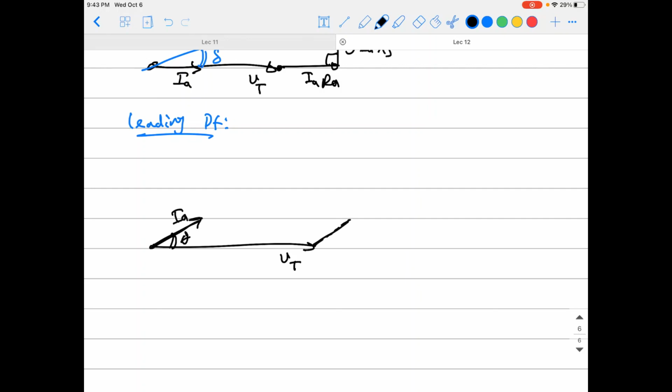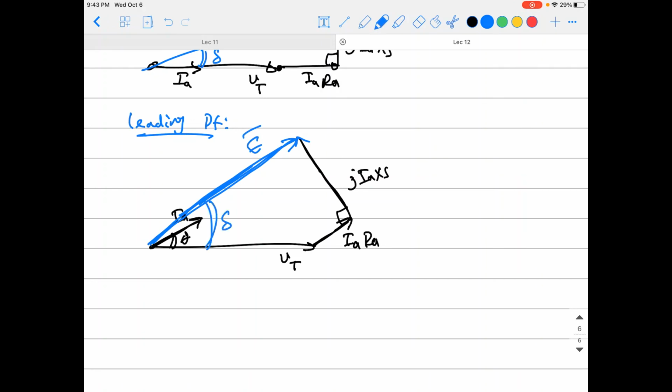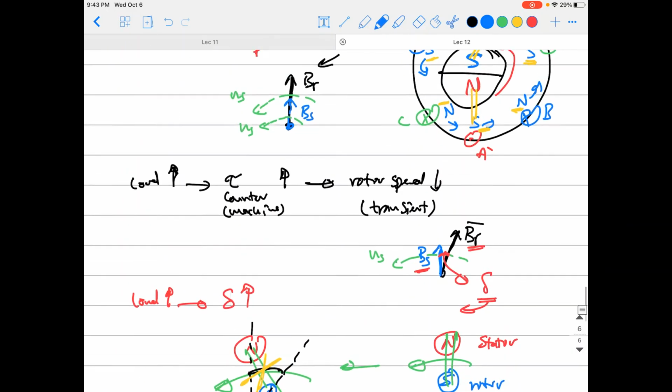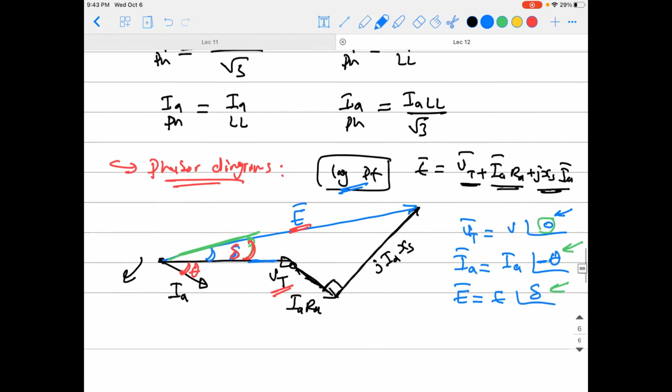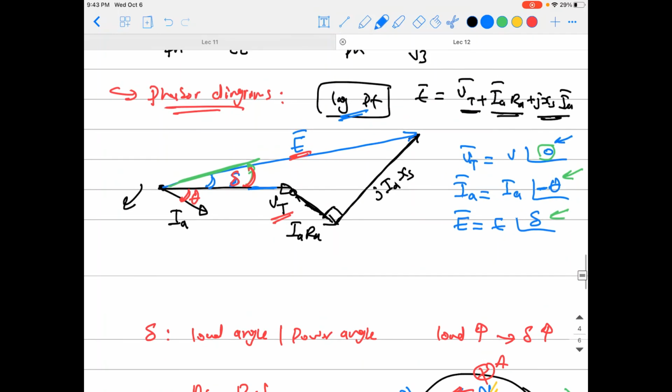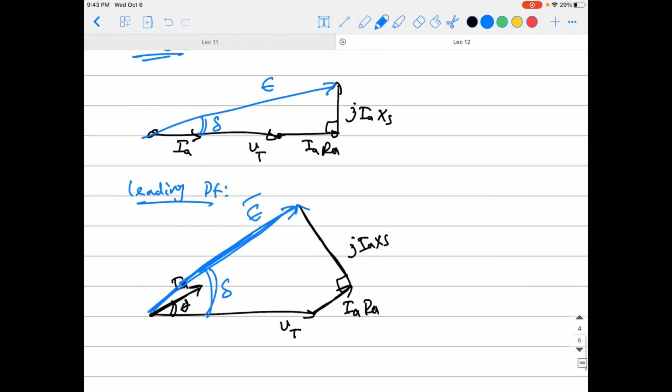So IA RA will be in the same direction as IA, and perpendicular to it you'll have jIA XS, and by the end of this you can just take the summation of it to give you the induced voltage E, and that is now angle delta. So it depends on which power factor direction it is, lag, lead, or unity, of the machine's current, to know how to use the phasor diagram to find the induced voltage of the machine E.